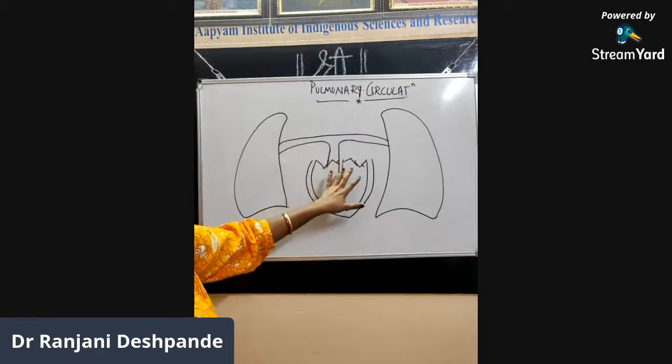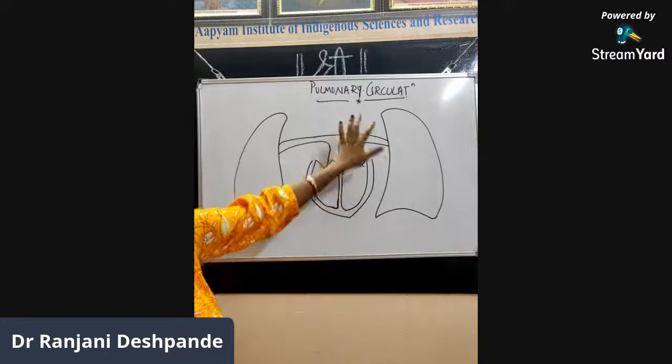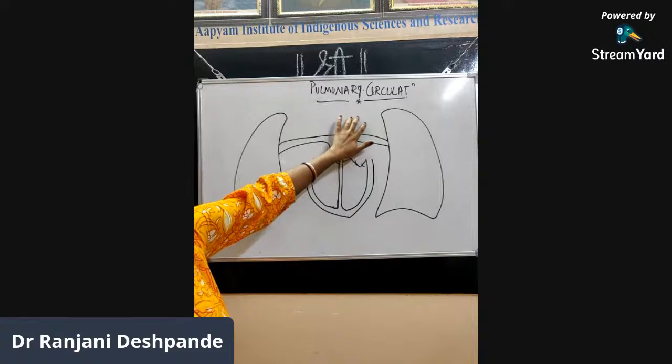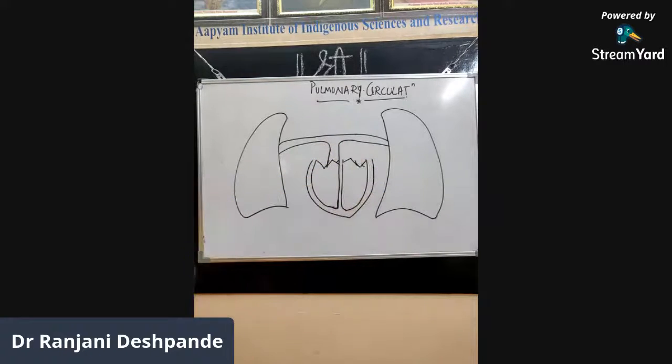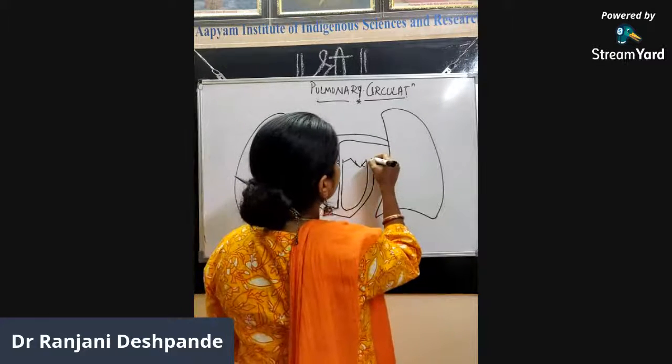Otherwise we had seen the aorta moving from here, carrying the oxygenated blood, and we have the pulmonary vein coming back.